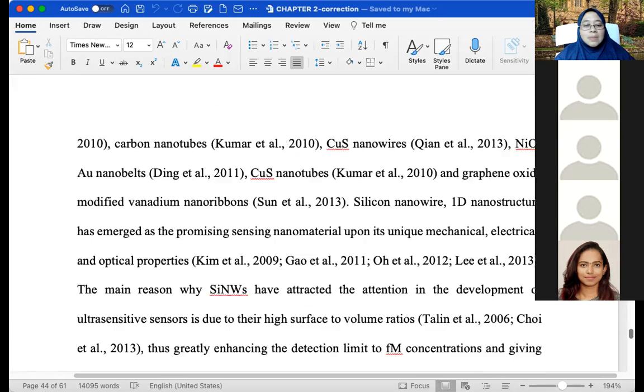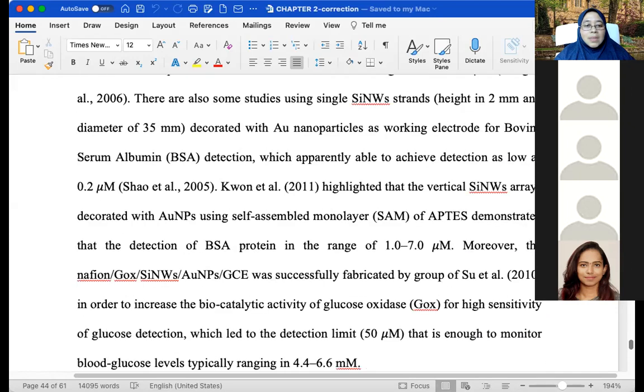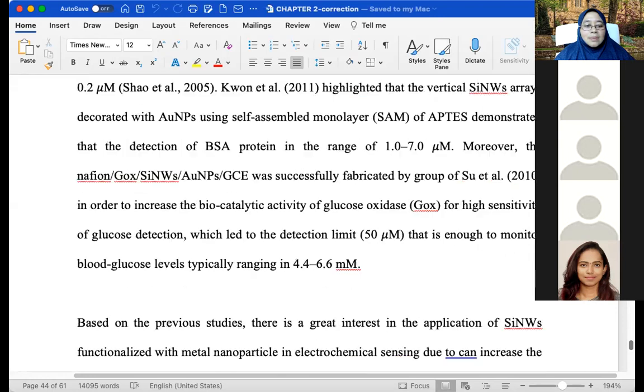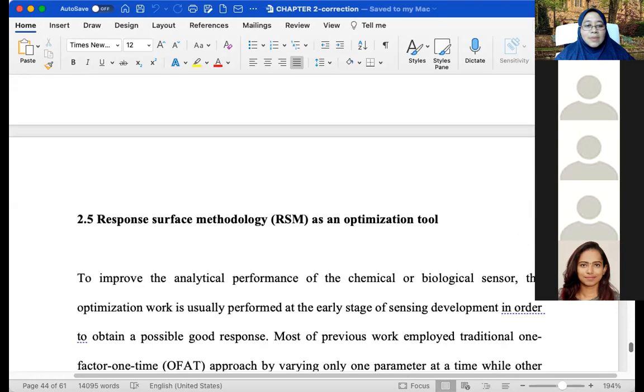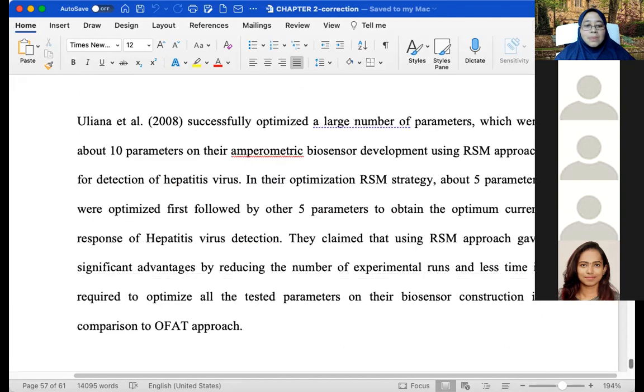Silicon nanowires, because it involves silicon nanowires. He did RSM, so he's the one who is going to talk about RSM, hopefully, response surface methodology. Because in order to optimize, instead of doing more lab work, you can do optimization by using software. So that's why RSM is here.